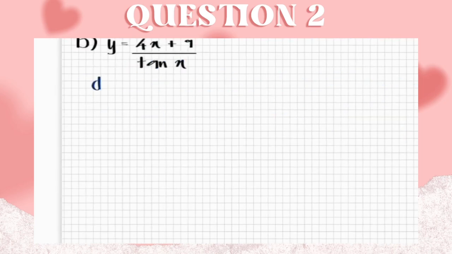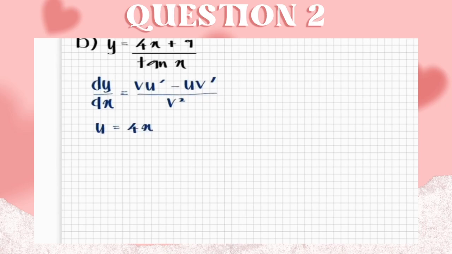For part B, we are given y equal to 4x plus 9 divided by tangent x. This is a quotient, so we will use the quotient rule. Firstly, we need to identify u, v, u prime and v prime. dy over dx equals v u prime minus u v prime, divided by v squared. U is 4x plus 9 and v equals tangent x.